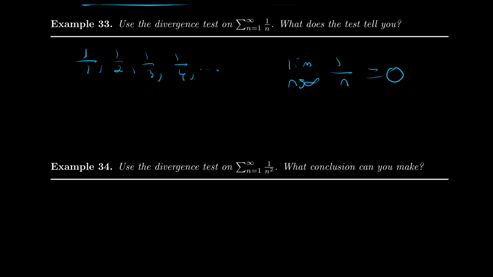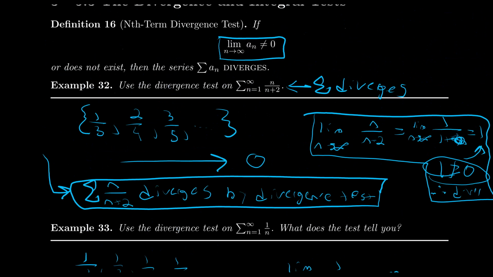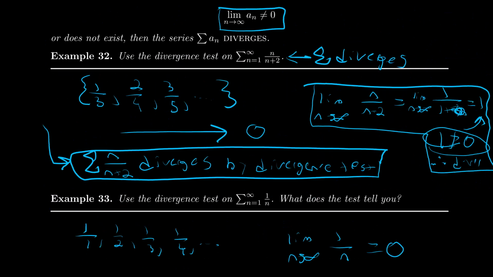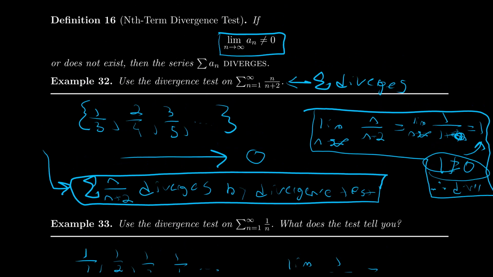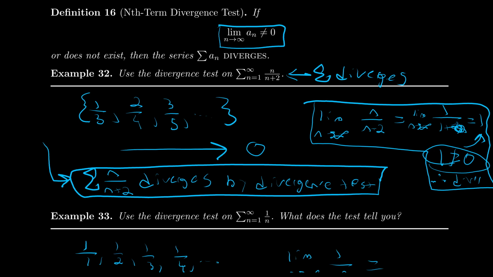Since we know it to be 0, the divergence test tells us nothing. Nothing at all. Remember, the test for divergence only works if this limit is not 0. Notice how this definition tells us exactly nothing when it does equal 0.